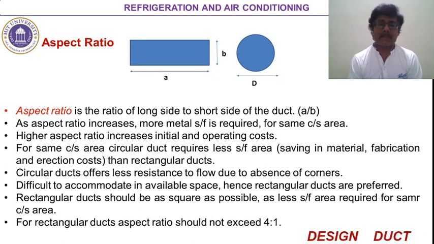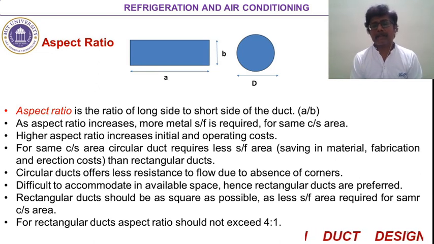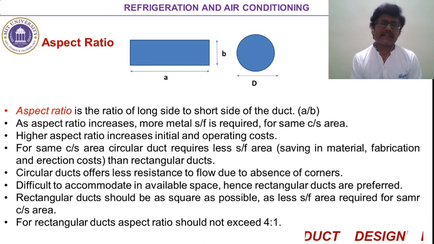Additionally, a higher aspect ratio increases both the initial as well as the running or operating costs, because larger size requires larger cost, and the losses would also increase, so the operating cost will also increase.